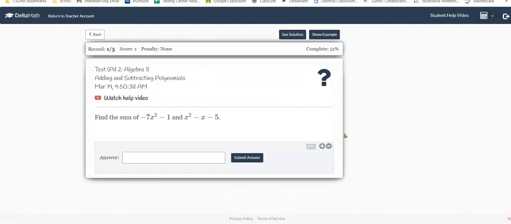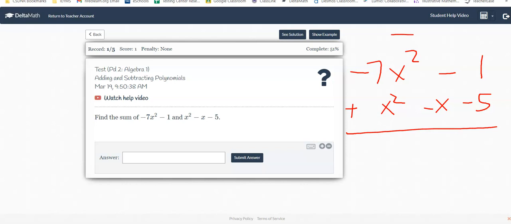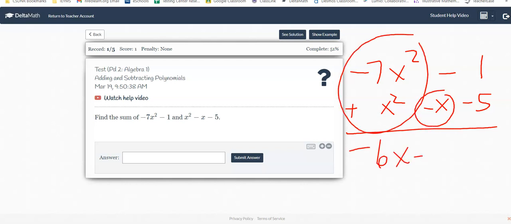All right, next one. Find the sum. Sum is adding. So what have I got here? I've got a negative 7x squared minus 1. And in here I have adding x squared minus x and minus 5. So these can go together. This cannot go with anything.